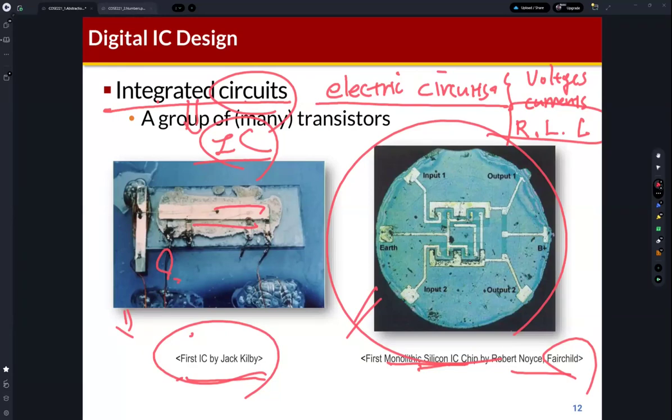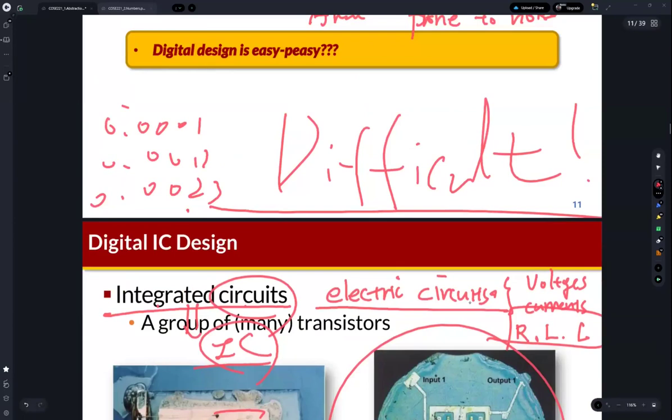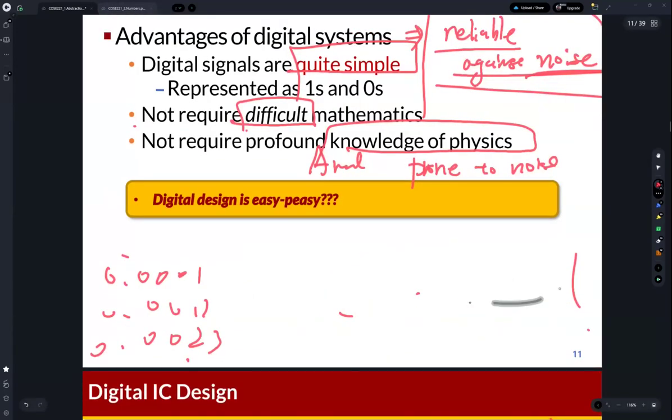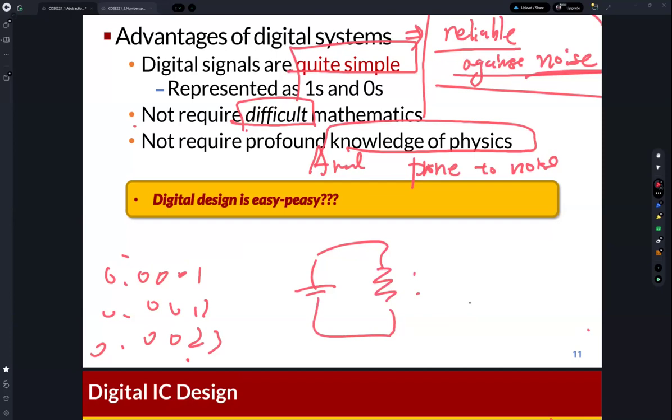Also, the current flows through the circuit, right? So this is the voltage source, and the voltage source is connected to some components such as a resistance, R, and the electric current flows through the wire, a metal wire. So this is the circuit.